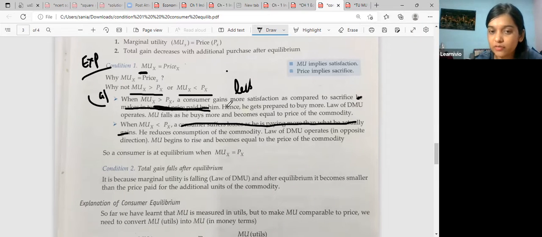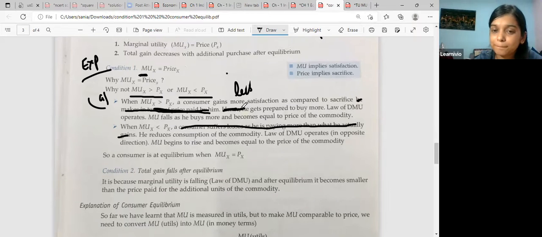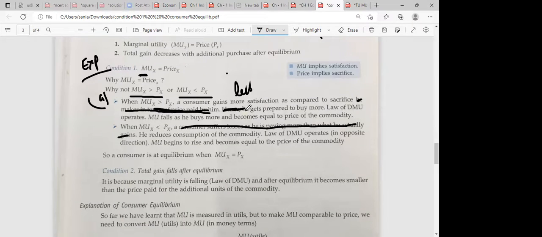Instead of writing this, just write it like this: he increases consumption of the commodity. Clear? So that you have the same line for both. You just have to change less, and change reduces and increases the consumption. Clear? So we just have to write these two things.